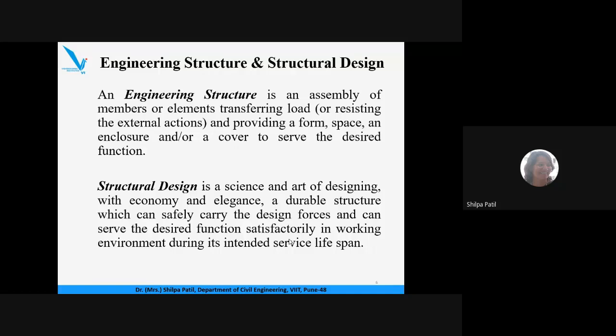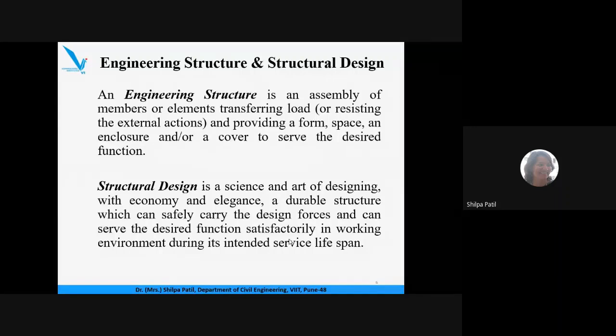Obviously, when we complete the design of any particular structure, we have to decide what will be the cost required for the construction, and again what will be the cost for the maintenance of the entire structure. So by considering the total cost involved in an entire project, we have to design a particular structure.